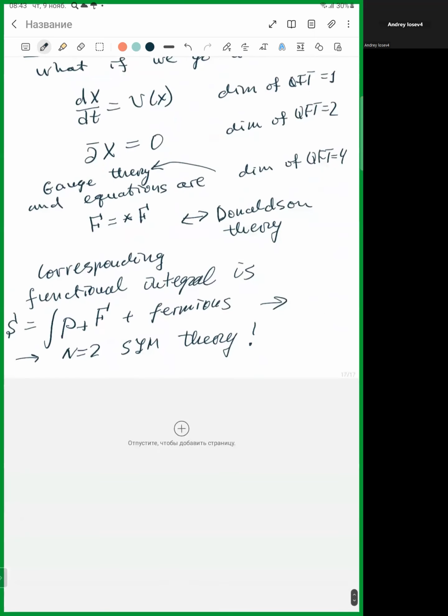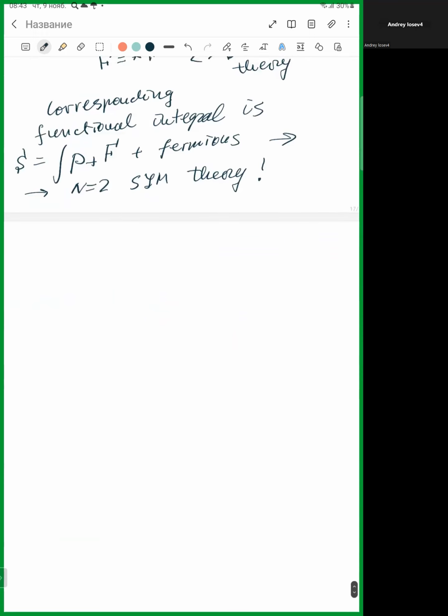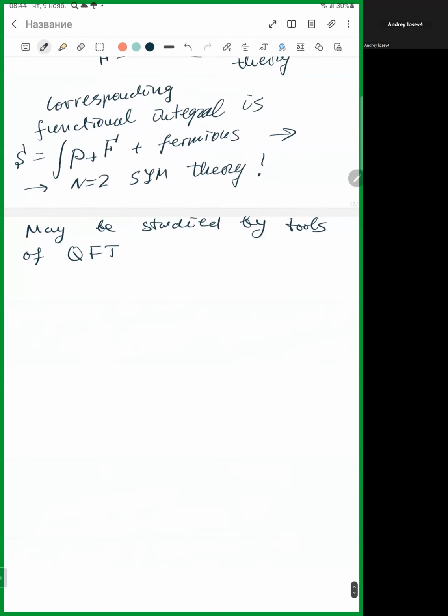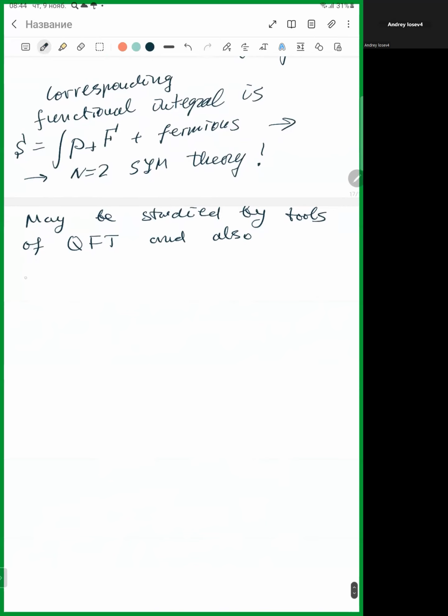And this theory may be studied by tools of quantum field theory and also by tools of pure mathematics.